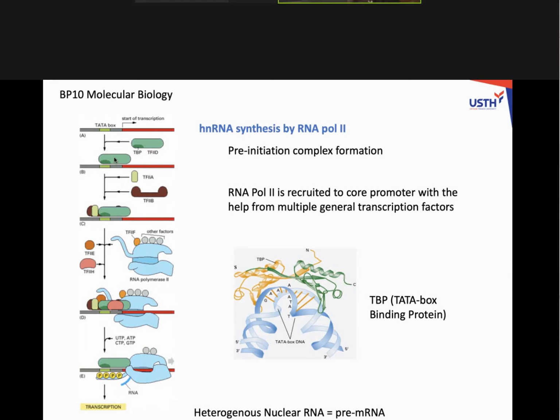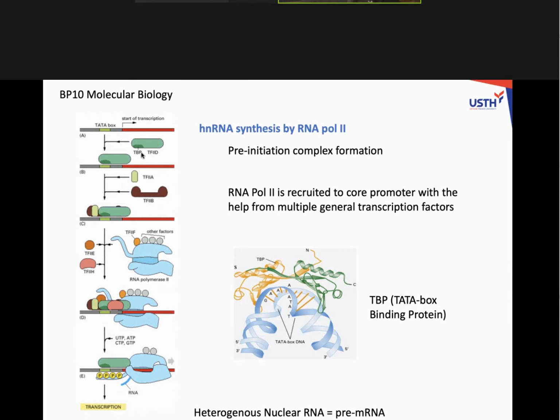The first event is not the polymerase binding the promoter. It is the general transcription factors: the TATA binding protein that binds the TATA box, and TFIID, which we saw before, that is able to recognize the sequence before or after the TATA box. Because when we talk about the orientation in the promoter, it's very, very strange.